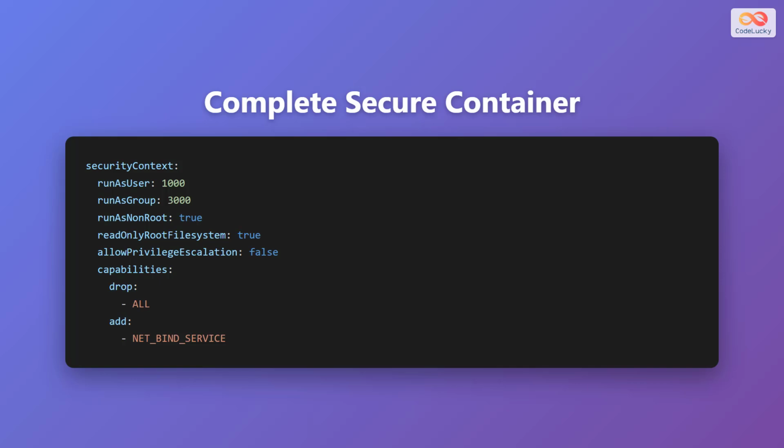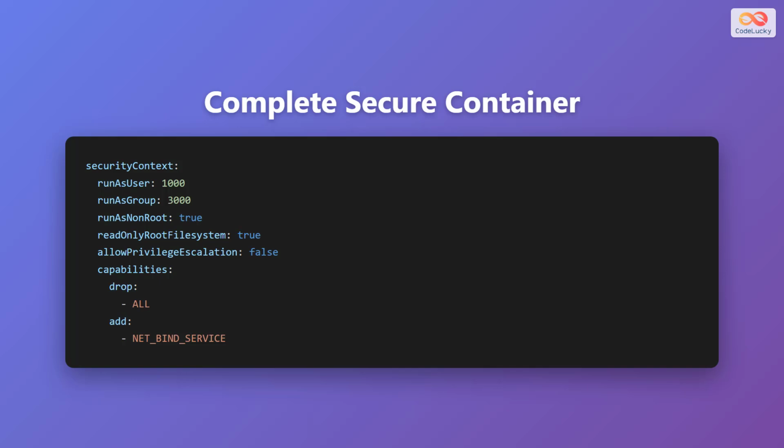Here's a complete example of a secure container configuration that follows security best practices. We set runAsUser to 1000 and runAsGroup to 3000, ensuring the container runs as a non-root user. runAsNonRoot is set to true for additional enforcement. Read-only root filesystem is enabled to prevent filesystem modifications. allowPrivilegeEscalation is set to false, preventing the container from gaining more privileges than its parent process.